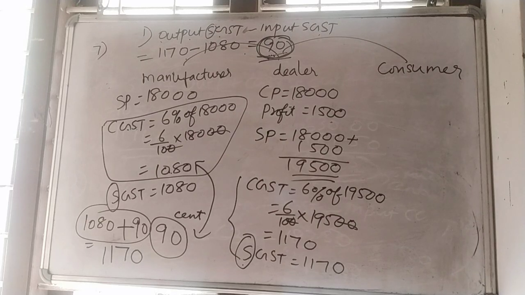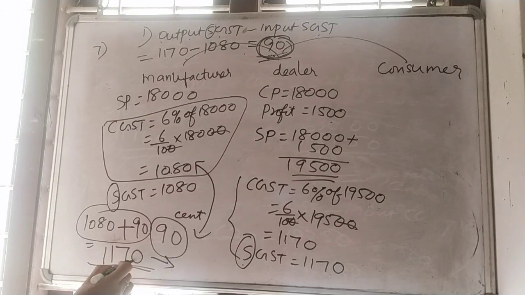Okay, a little bit of confusion in the second part, I think so. Then third part is the amount of GST received by the state government. Amount of GST received by the state government is same as the amount of GST received by the central government. Central government they receive 1170, means state government also receiving 1170.